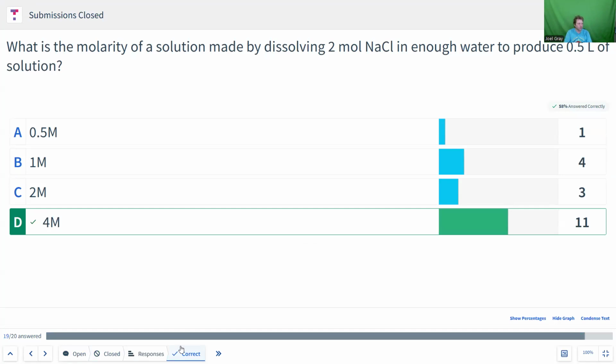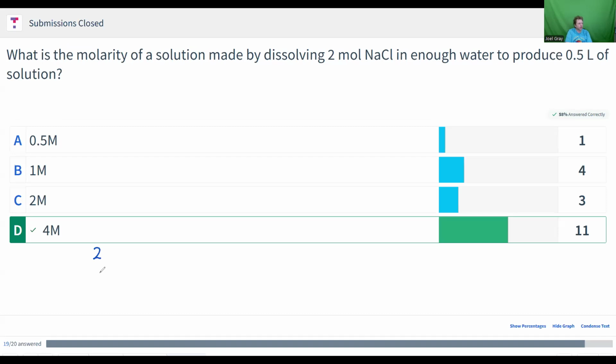You can plug it into your calculator, but a way that I always like to think about this logically is: molarity is moles per liter. Well, this is the number of moles per 0.5 liter.